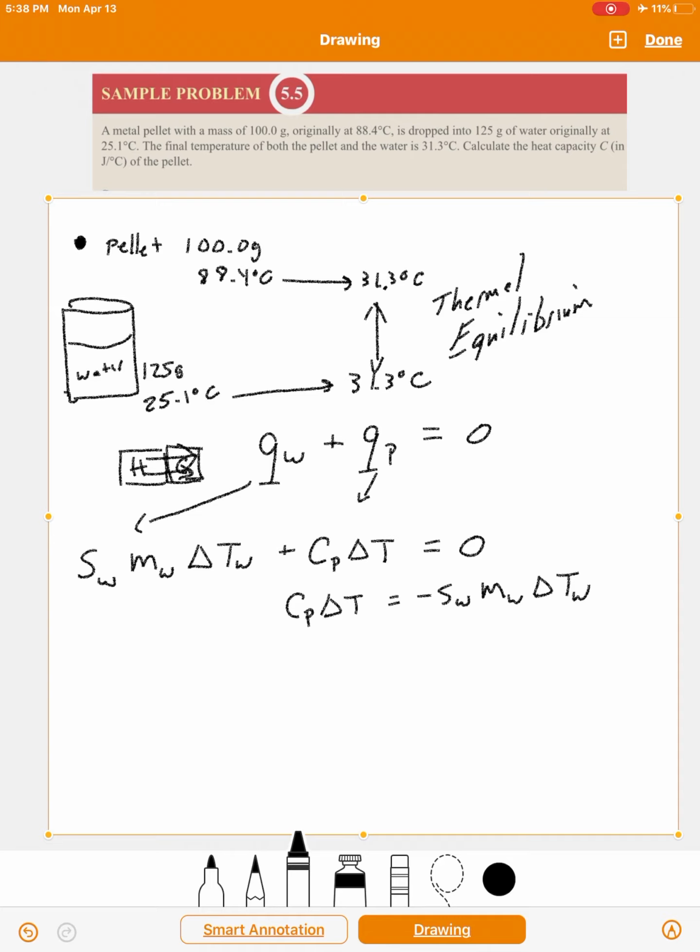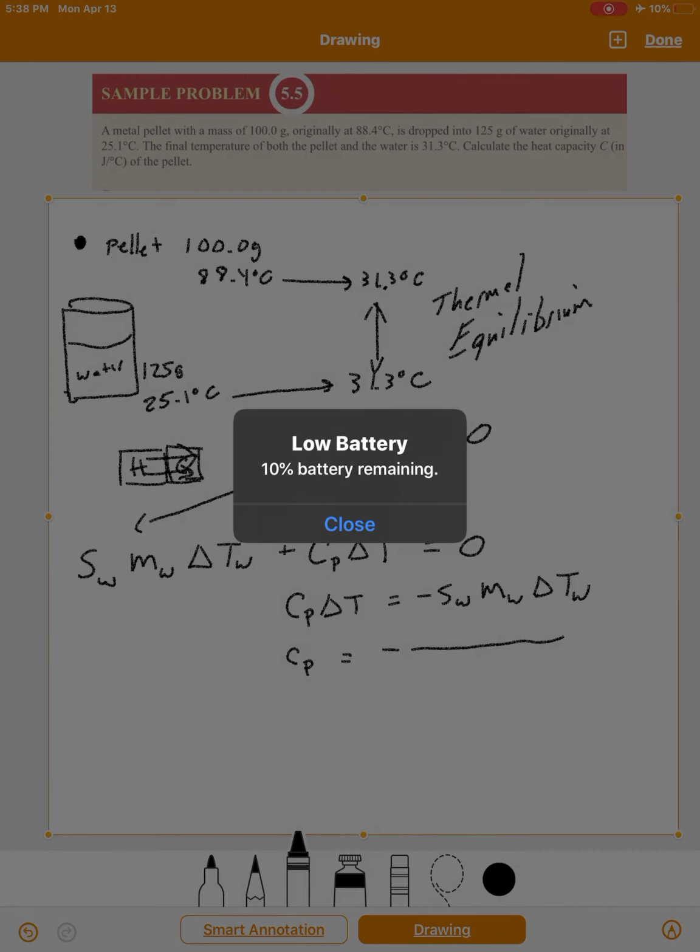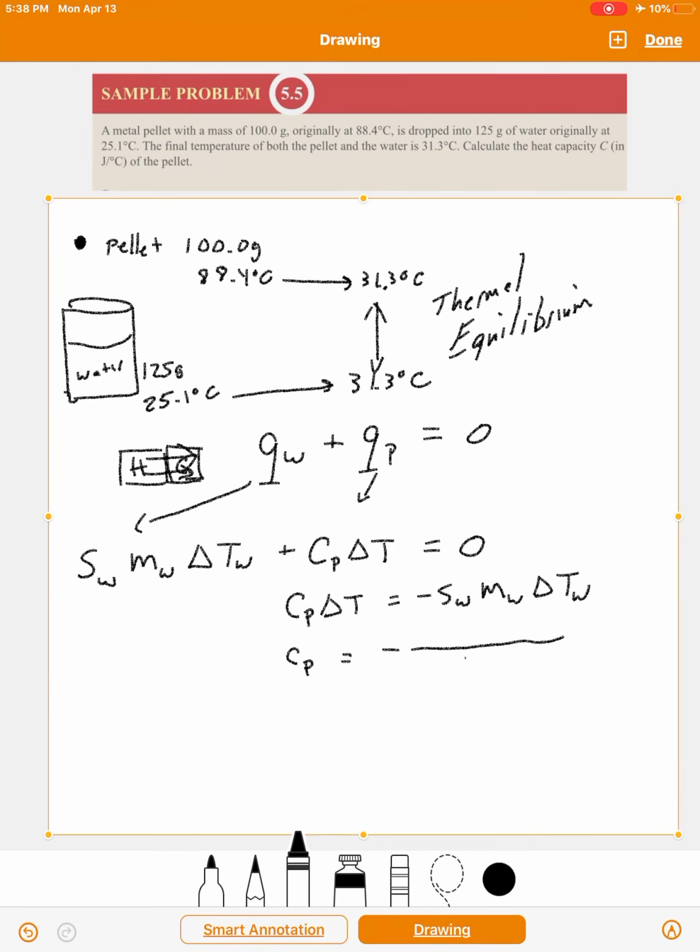Last step, divide both sides by delta T. So minus, sometimes it's useful, it's sort of a form. You don't have to do it this way. I'm going to write the negative in front of this ratio. Oops, I forgot to put that this is delta T of the pellet. So S, W, M, W, delta T, W.